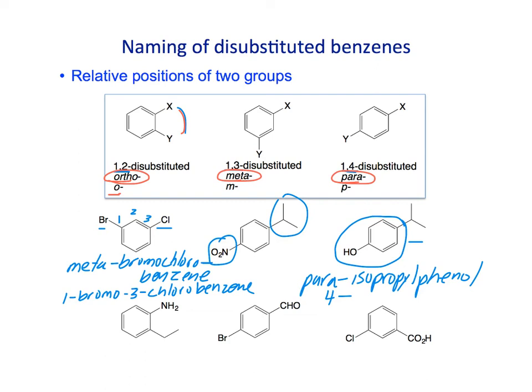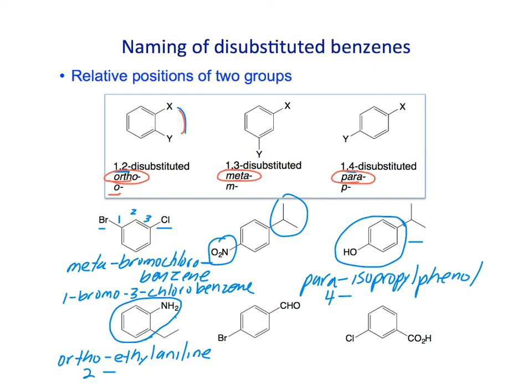What about the bottom left? What's the parent? This one has the amine in it. This is called aniline. So this would be ortho-ethylaniline, or 2-ethylaniline.